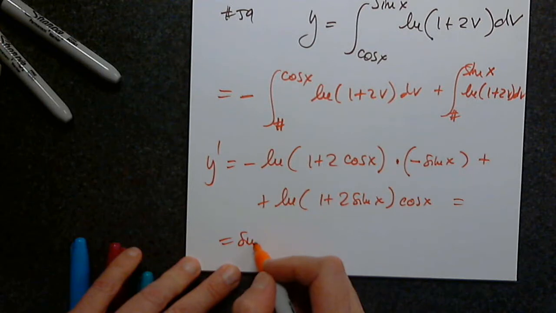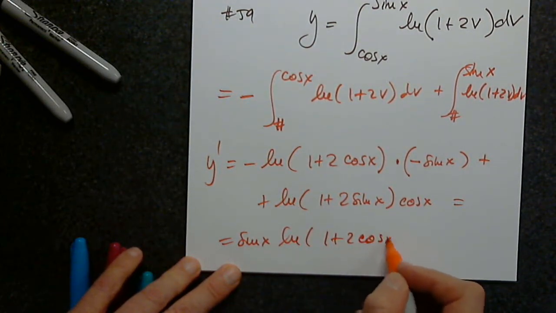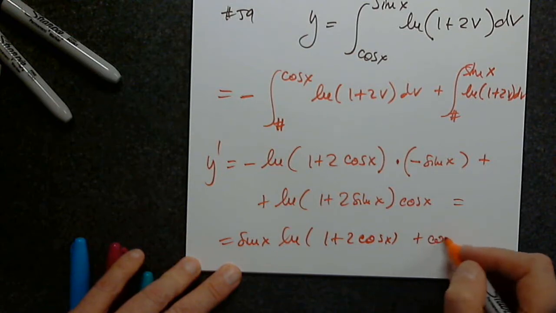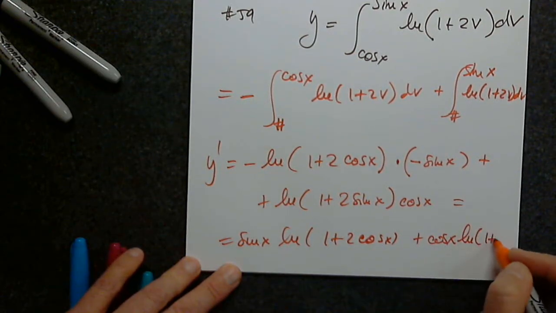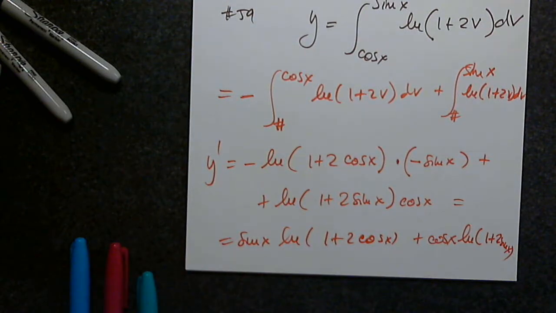So this will be sine x natural log of 1 plus 2 cosine x plus cosine x natural log of 1 plus 2 sine x, and that will be the derivative of the function given in the form of an integral.